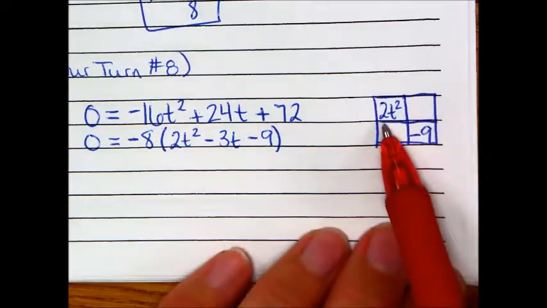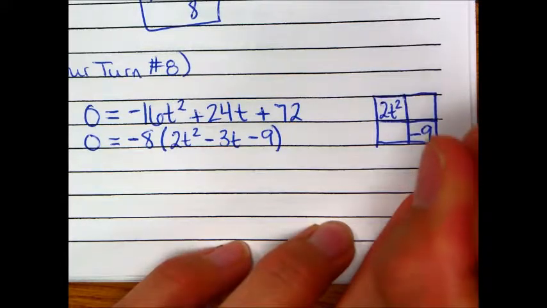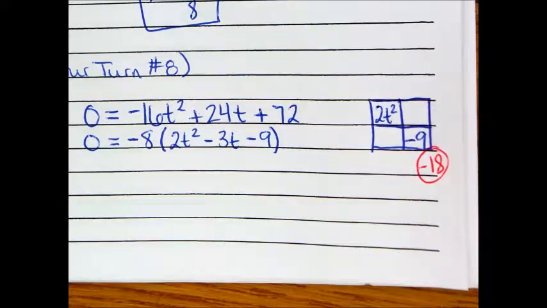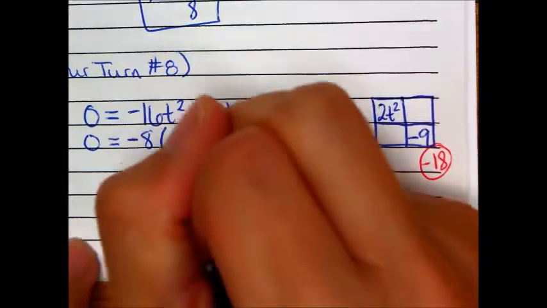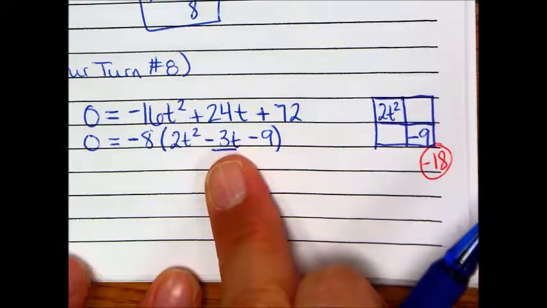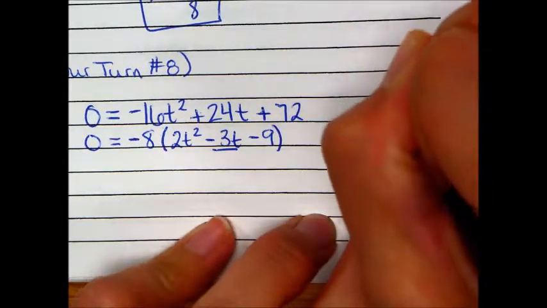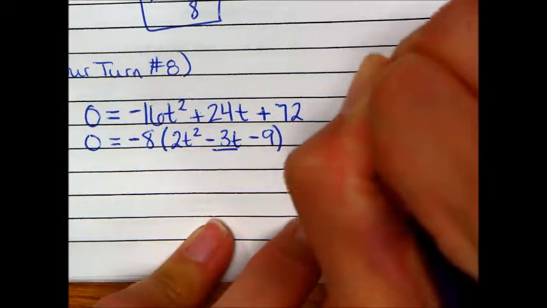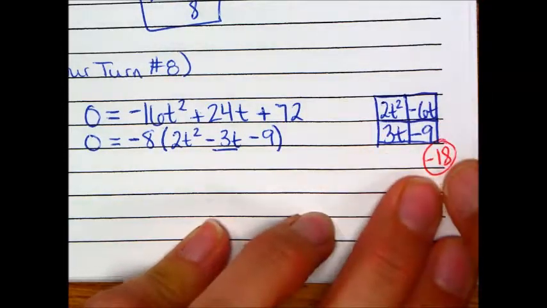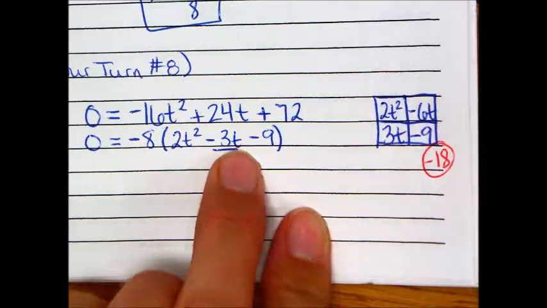And then we're going to multiply a times c. Our new target number is negative 18. I need numbers that will multiply to negative 18. They need to add to negative 3. Okay? So if you think about that for a second, why don't we try negative 6 times 3? Negative 6 times 3 is negative 18, but negative 6 plus 3 is negative 3.